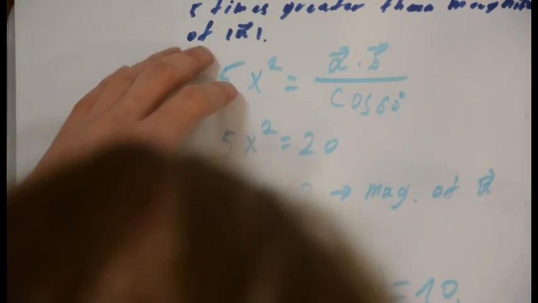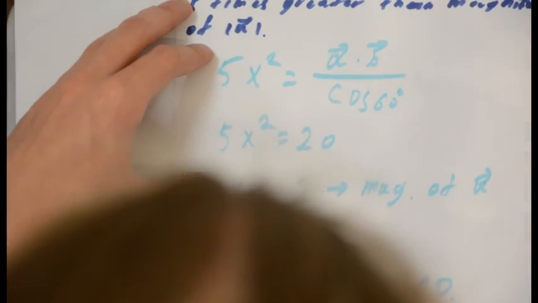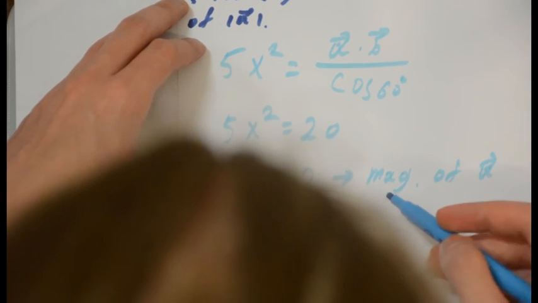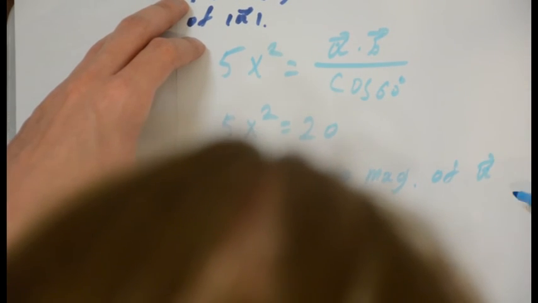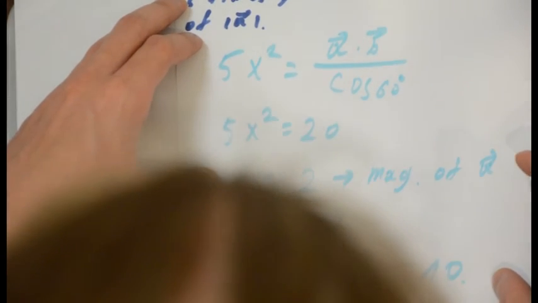And here are our answers. The magnitude of A is equal to 2, and the magnitude of B is equal to 10.